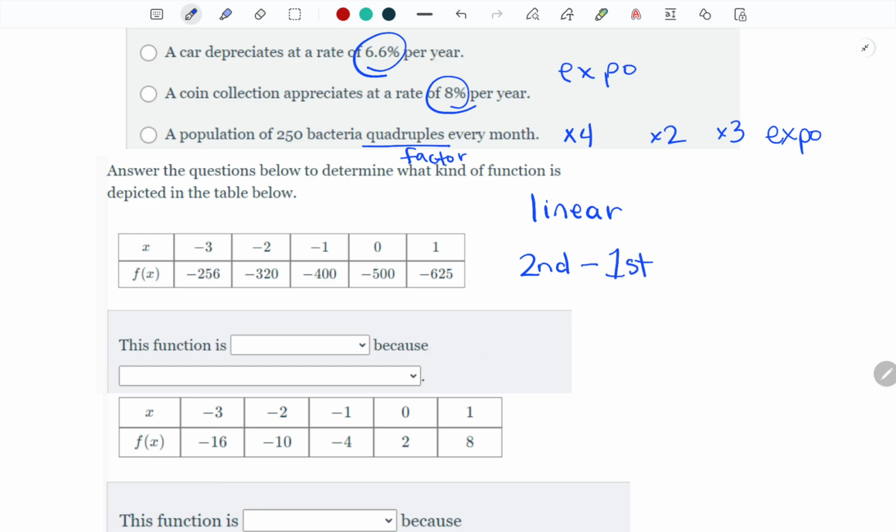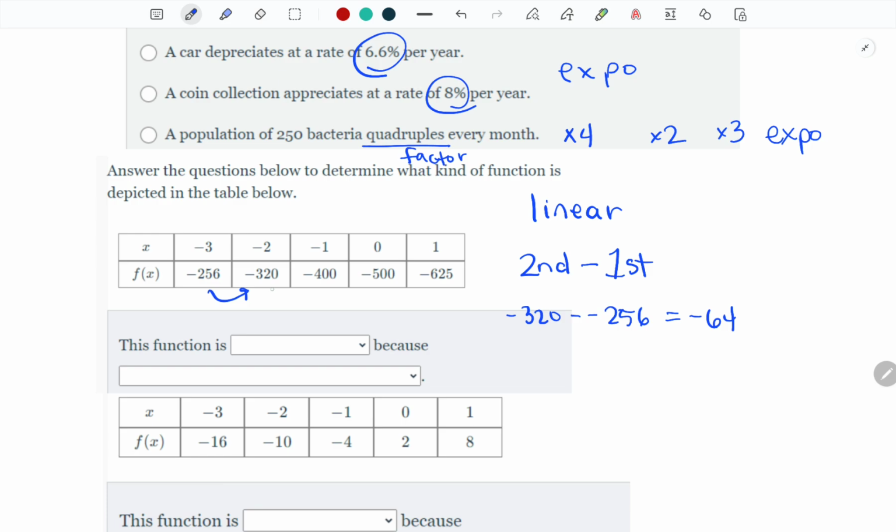So if I want to test if this is linear, I would say negative 320 minus negative 256. You might be thinking to yourself, well, I can just see it's subtracting by 64. And you'd be right. I plug it into this formula, I get negative 64. But I'm testing, is it linear?